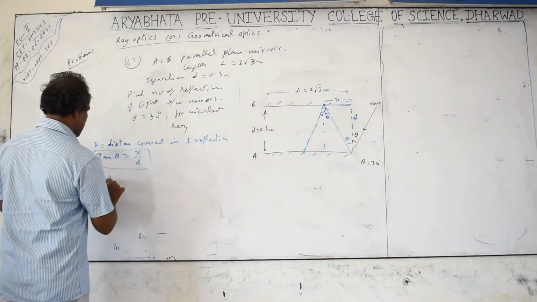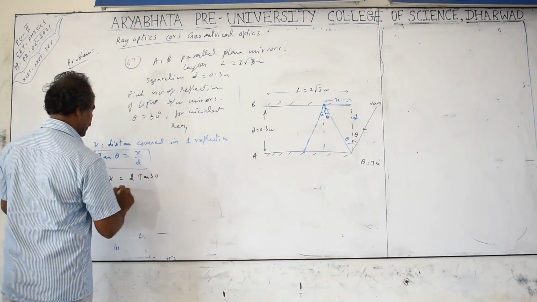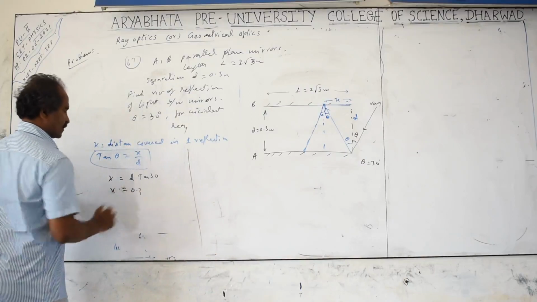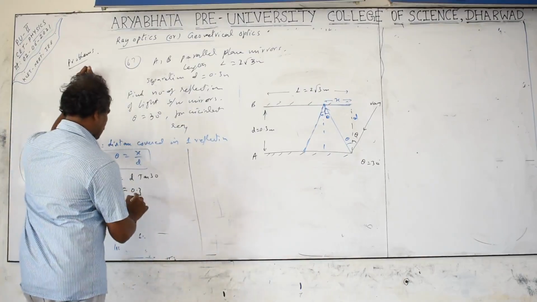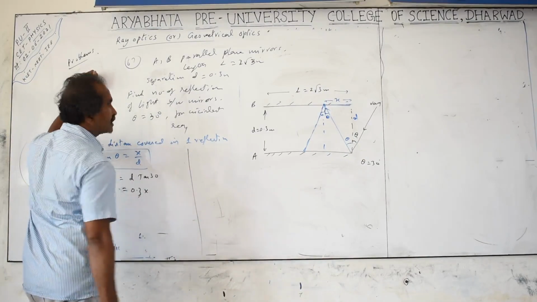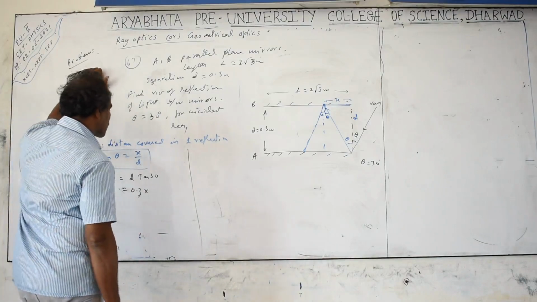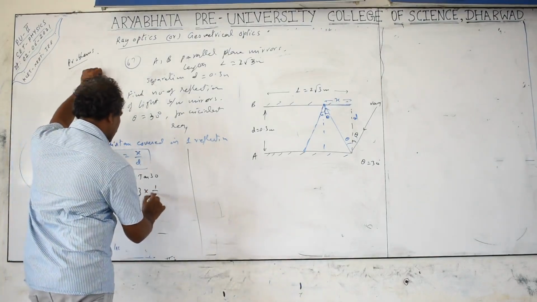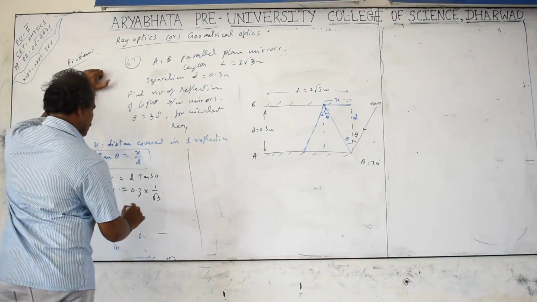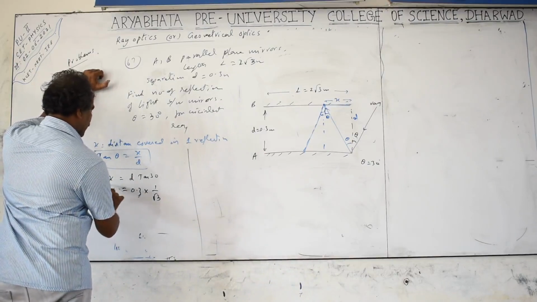X is equal to d into tan 30, where d is 0.3. Tan 30 is sin 30 by cos 30. Sin 30 is half, cos 30 is root 3 by 2, so 1 by root 3. So x is 0.3 by root 3.